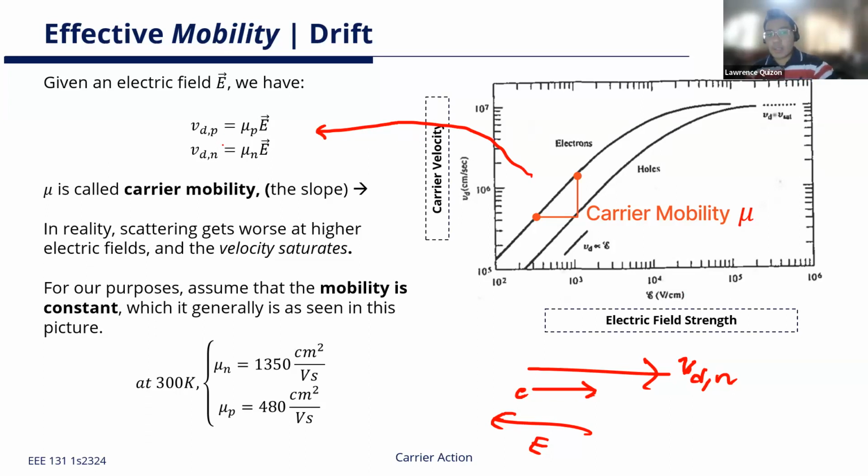The velocity is equal to some linear constant times the electric field. We have no plus C here. Why? Because at zero electric field, of course, the drift velocity is zero. Anyway, we have a constant of proportionality, so to speak, which is mu. This is the mobility.